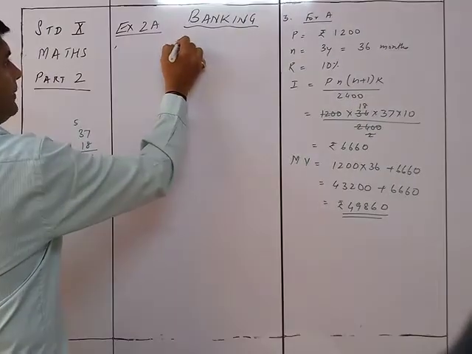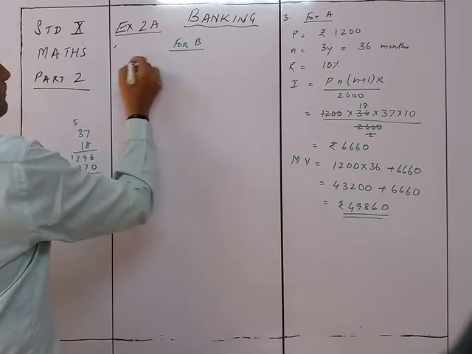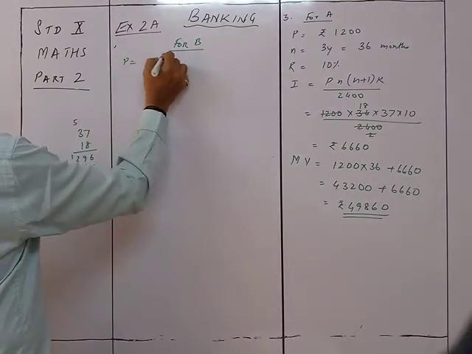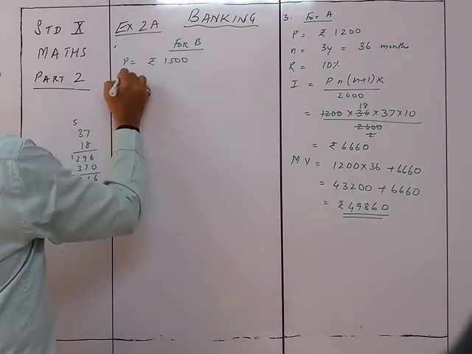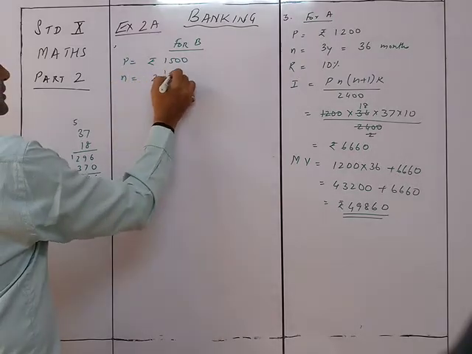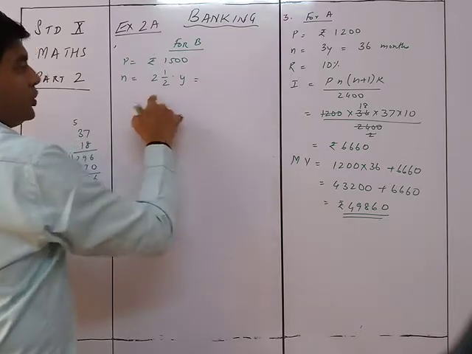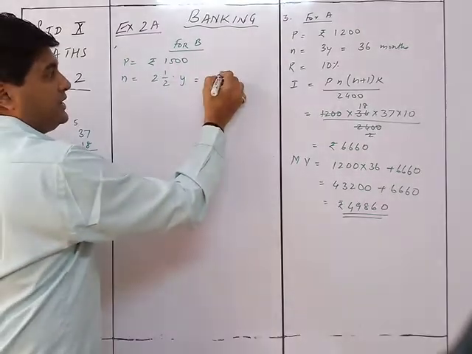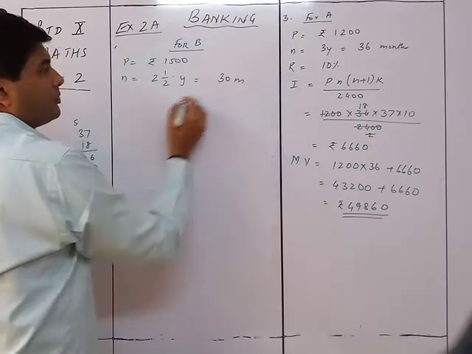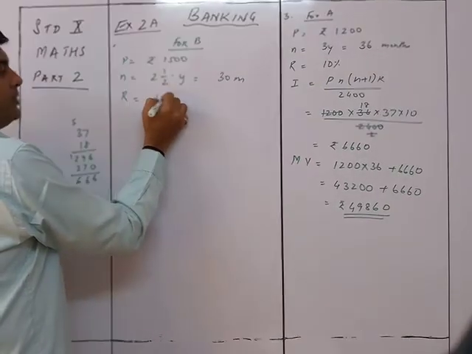So for B, P is equal to rupees 1,500, n is equal to 2.5 years, that is nothing but 2 years is 24 plus 6 is 30 months. R is equal to 10%.